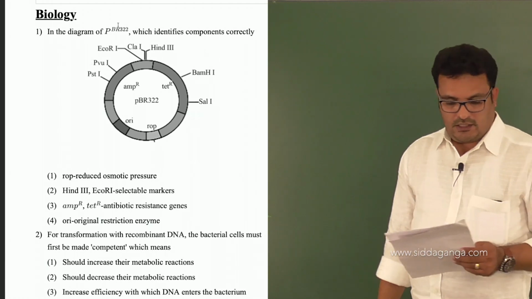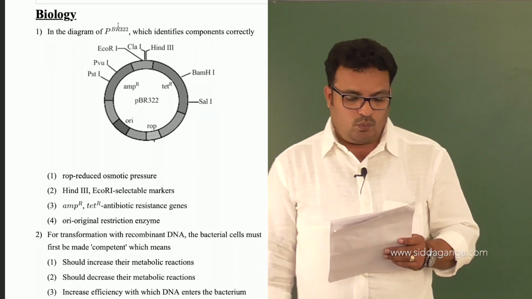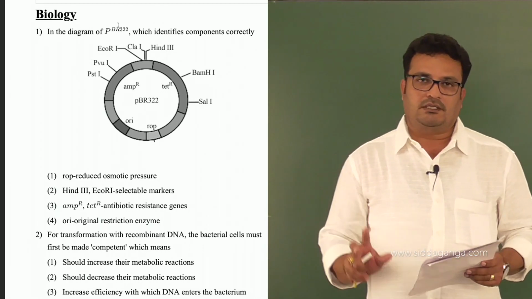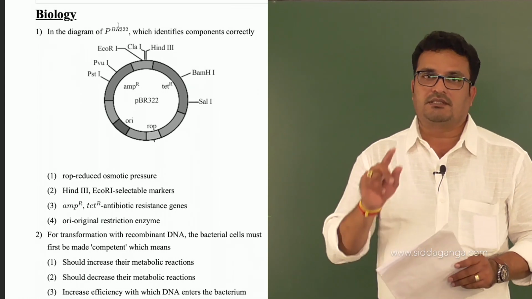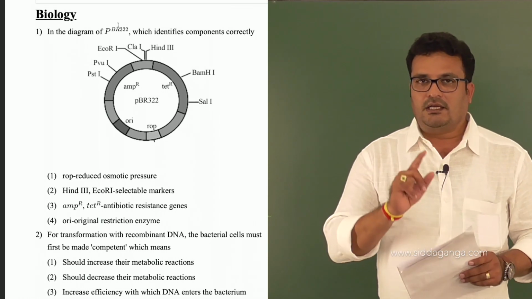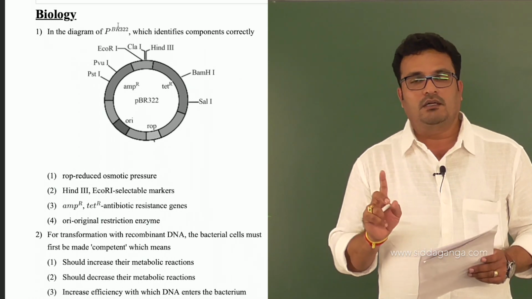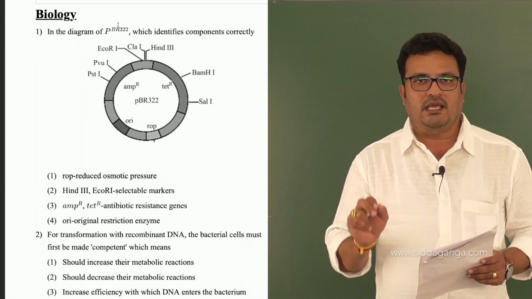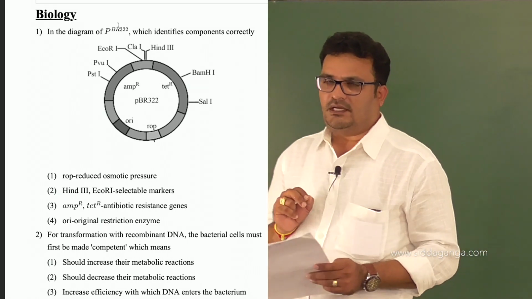The second option given is HindIII and EcoRI as selectable markers. They are not selectable markers. Actually, antibiotic resistance genes are the selectable markers. HindIII and EcoRI are restriction endonucleases.